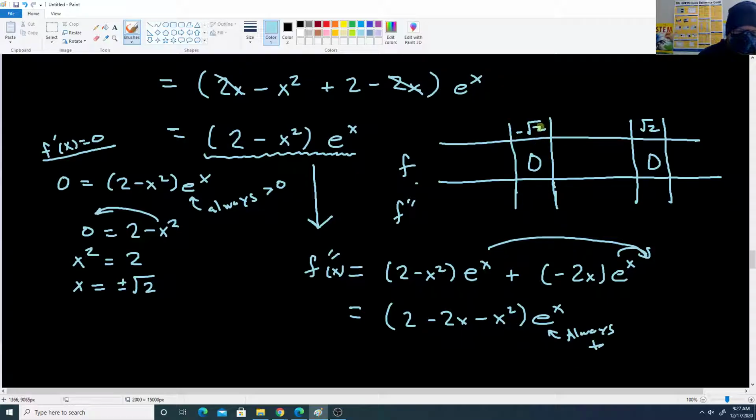So I'm just going to see, does negative square root of 2, if I put that in for this, make this part here positive or negative? So when I put negative square root of 2 into that, I get 2 minus 2 times negative square root of 2, minus negative square root of 2 squared.